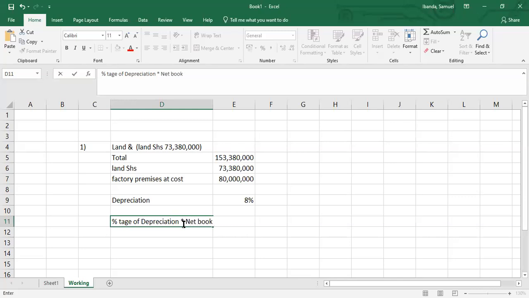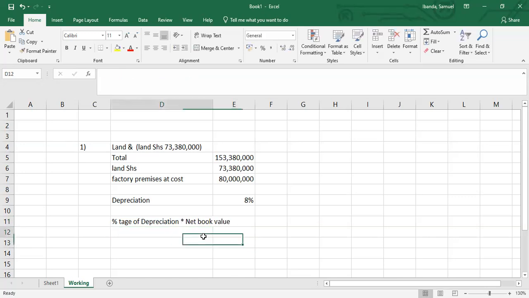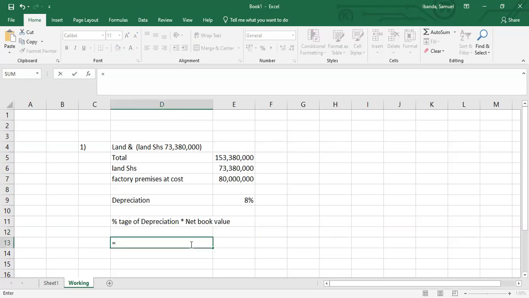The two terms are the same, net book value. So this would mean that we are going to have 8% times the net book value, which will be the 80 million, as you can see.